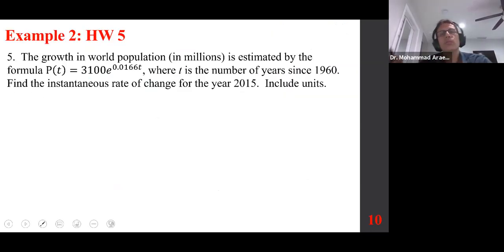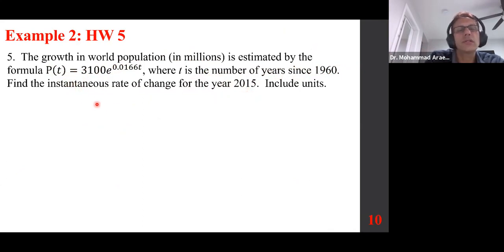The growth in world population in millions, so pay attention to that, is estimated as follows. t is the number of years since 1960. We want to find the instantaneous rate of change for the year 2015. First of all, the moment you hear instantaneous rate, that means differentiation. So you need to differentiate and then figure out what's going on with 2015.